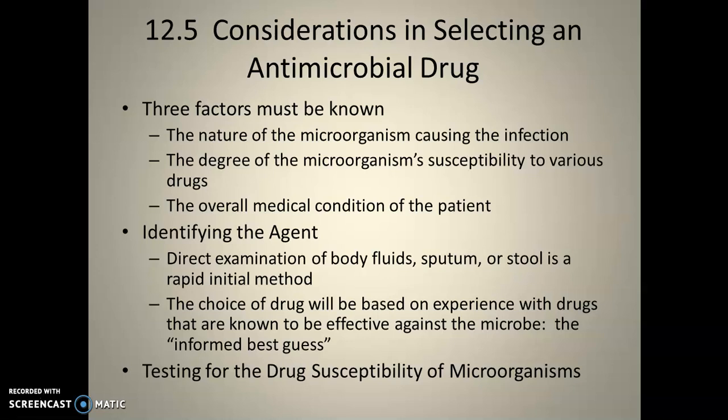So, identifying the agent. This sounds easier than it really is. For some types of infections, we can take swabs or bodily fluid specimens. You can take a urine sample, right? You can swab someone's throat for a strep culture, and try to determine what is the agent that's causing it.